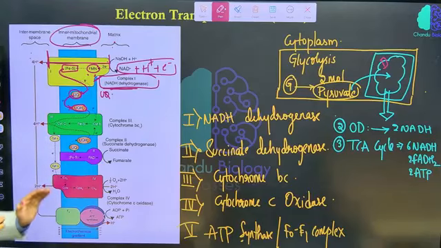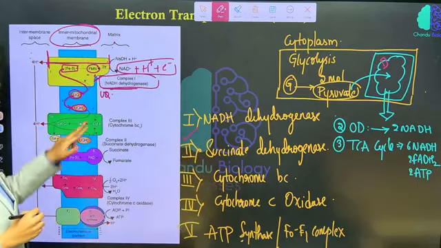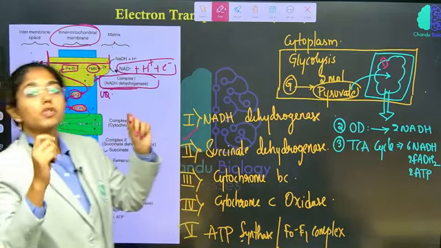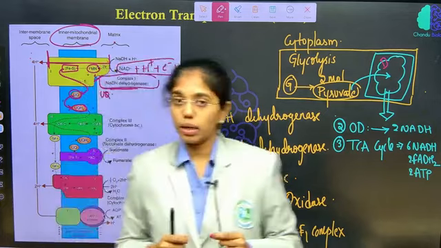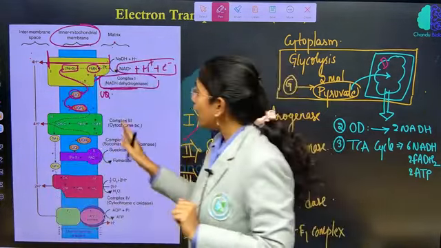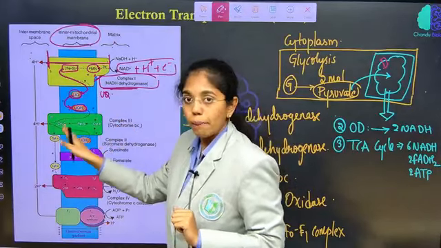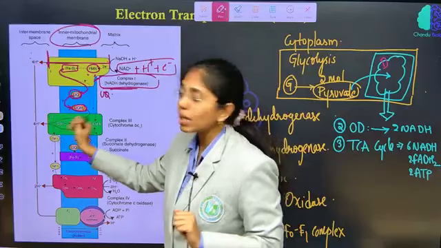Then complex 2 is succinate dehydrogenase. Unlike complex 1, which transpans two sides of the mitochondrial membrane, complex 2 will not transpan both sides. It spans from the mitochondrial matrix to the inner mitochondrial membrane only, not up to the intermembrane space.